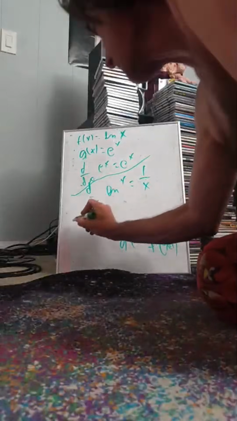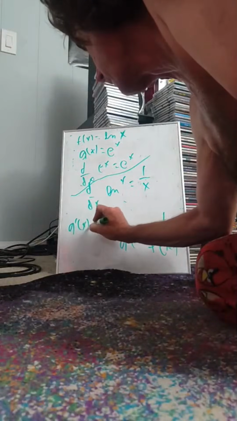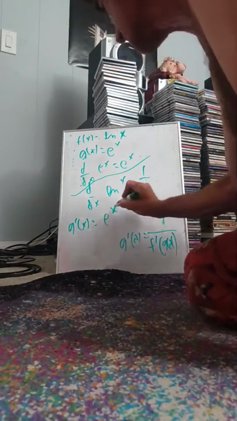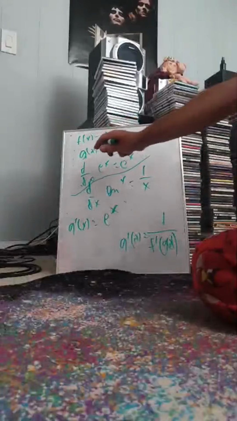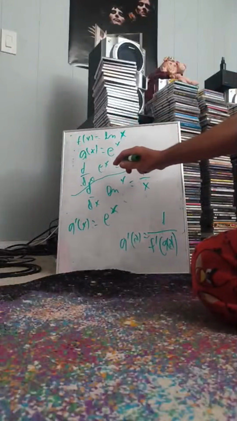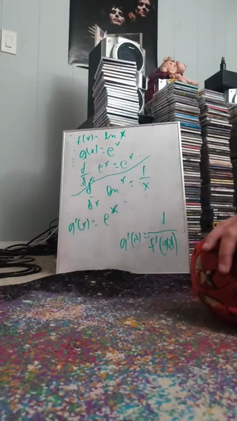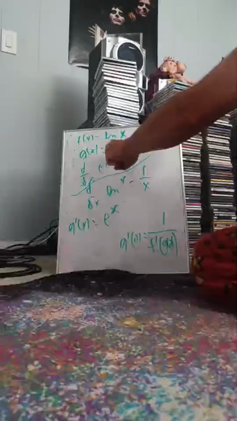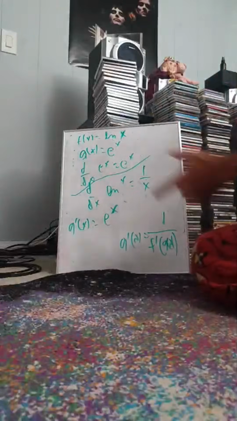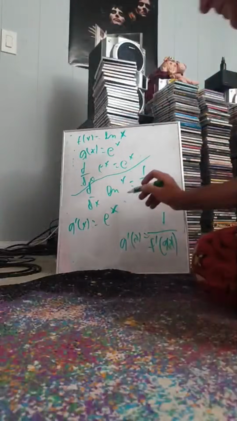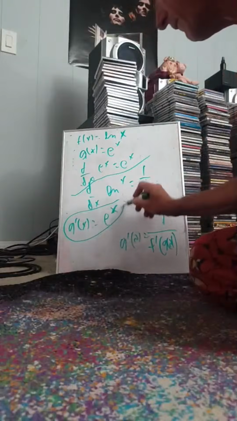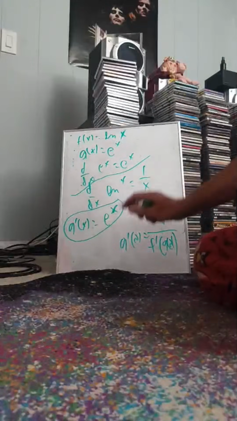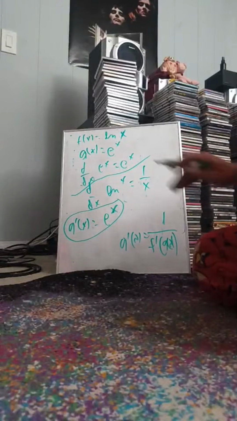So g prime of x equals e to the x, because g of x is e to the x and the derivative d/dx of e to the x is e to the x. Very important that we know this. So far we have g prime of x equals e to the x in this example.